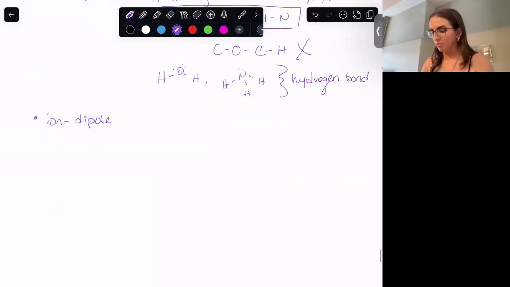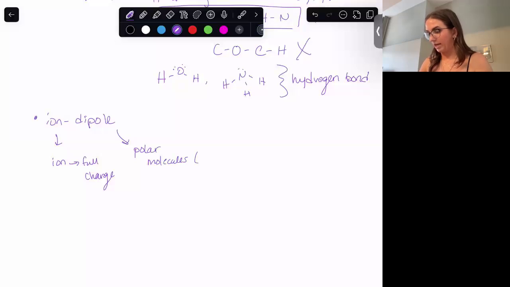When we have an ion dipole, we have an ion, which is a full charge, and we have a polar molecule, which has partial charges.